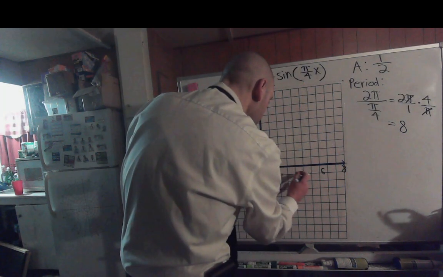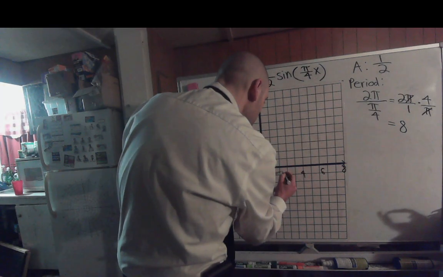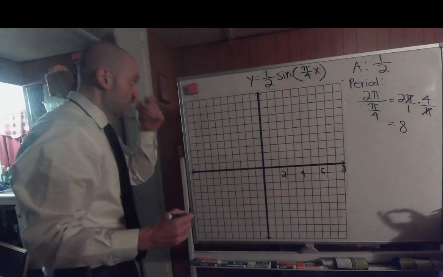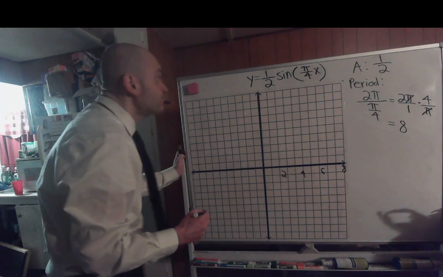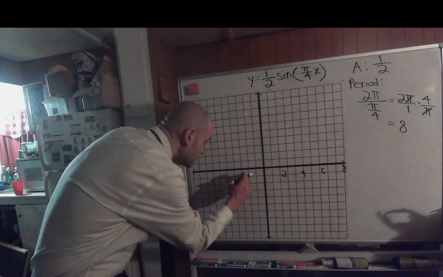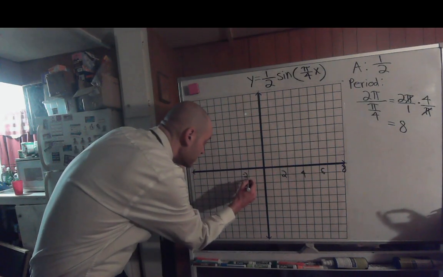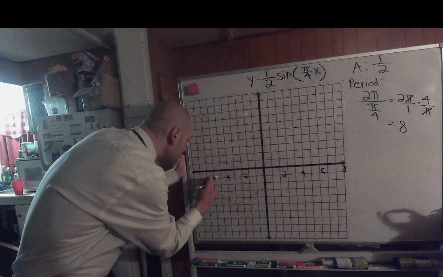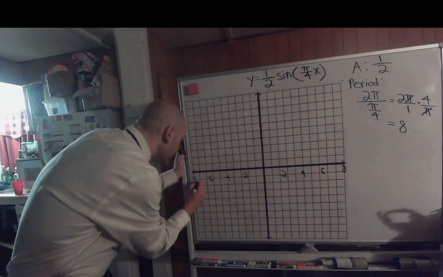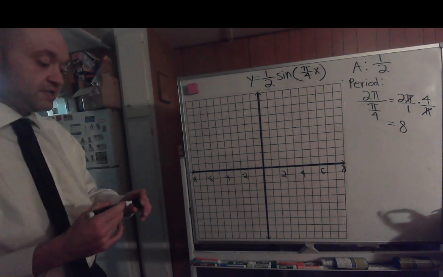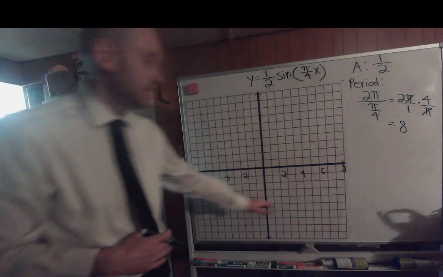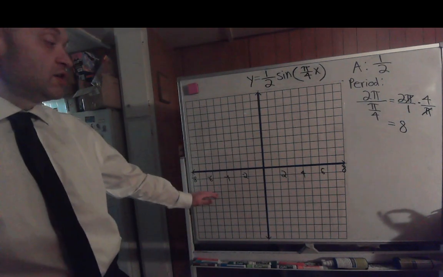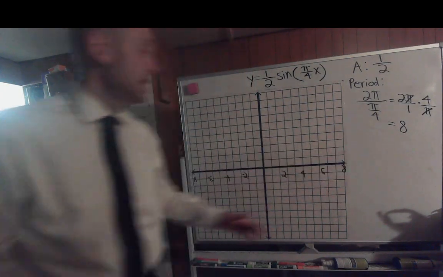There's 4. There's 2. There we go. That makes more sense. Alright, now, let's see. There's negative 2. There's negative 4. Negative 6, and negative 8. So we have 2 full periods still, but this time you don't see any pi's on the axis. You just see regular numbers because your period's 8.